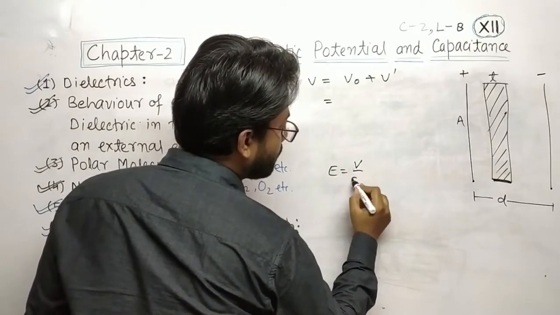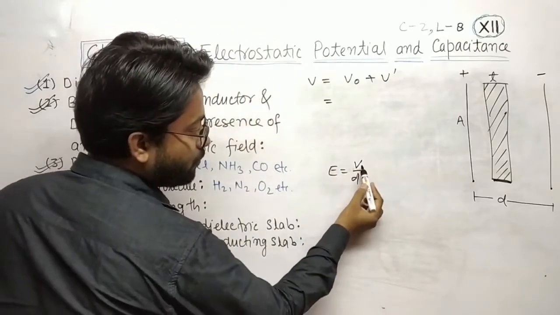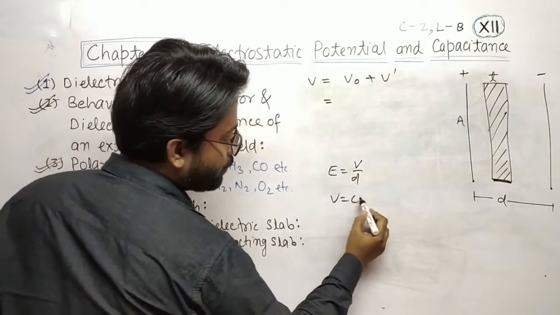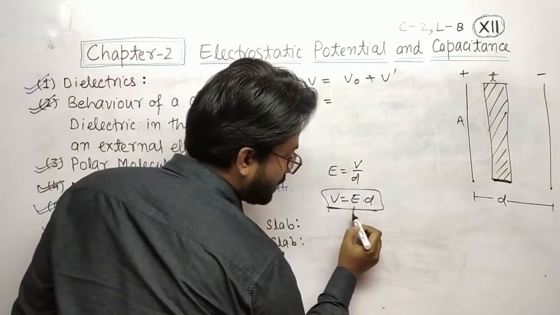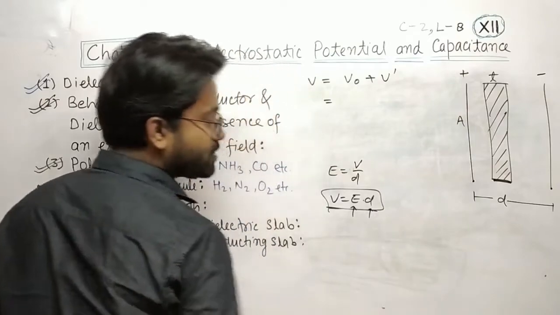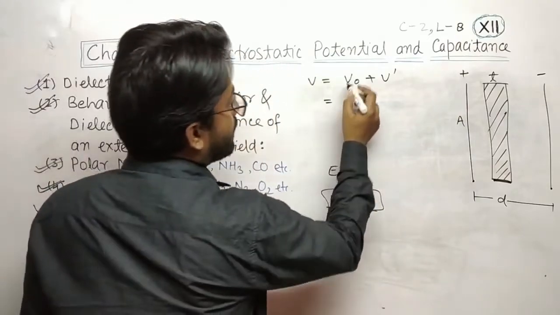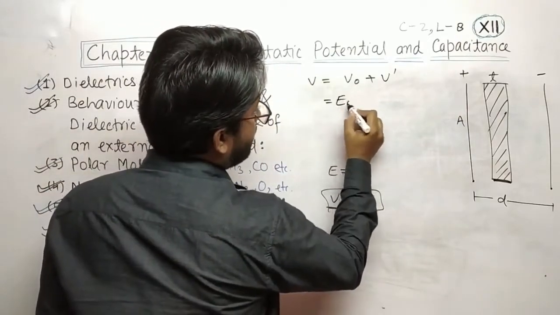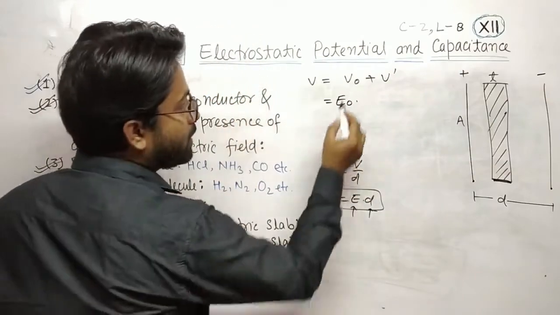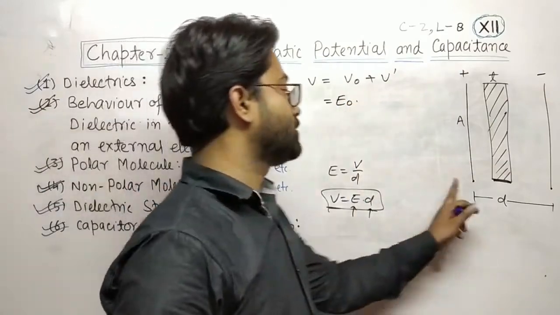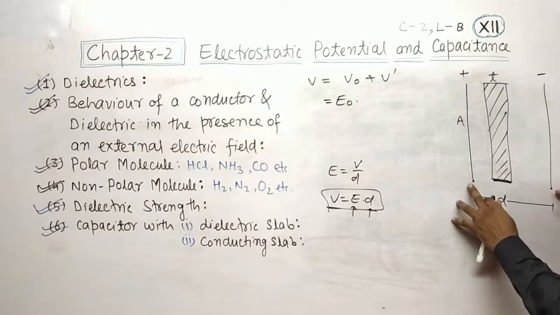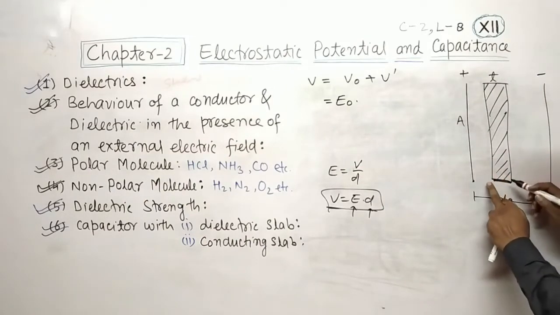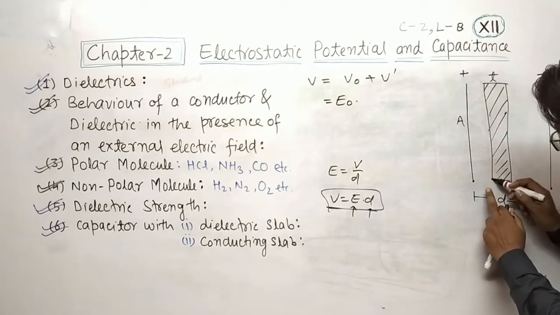In place of V we can write E into d. That means electric field into the distance between the plates. Electric field E naught into d is V due to the plates.